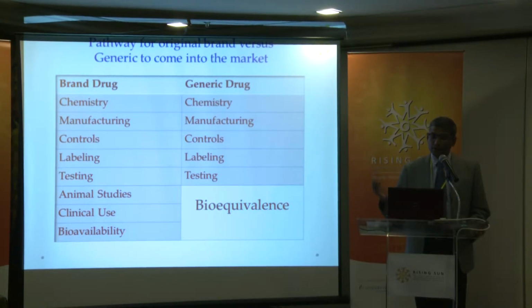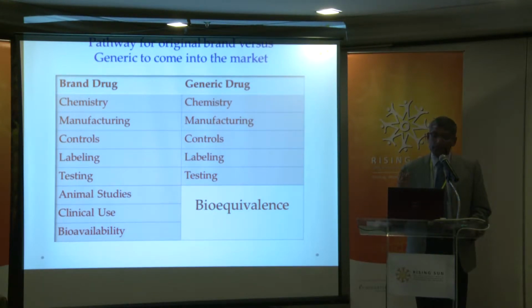So when we look at the right side of the table, you will see that about 60% of these are what generics also have to go through, but one of the major aspects that generics don't have to go through is the clinical trials. As long as you can establish the bioequivalence of the drug, it is valid for use in human subjects.